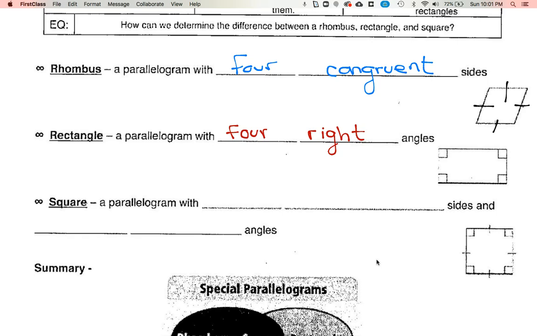So a square is a parallelogram with 4 congruent sides. So that's the rhombus side of it. And it has 4 right angles. So that's the rectangle side of it.